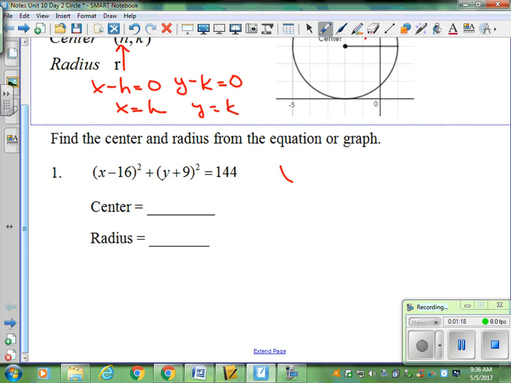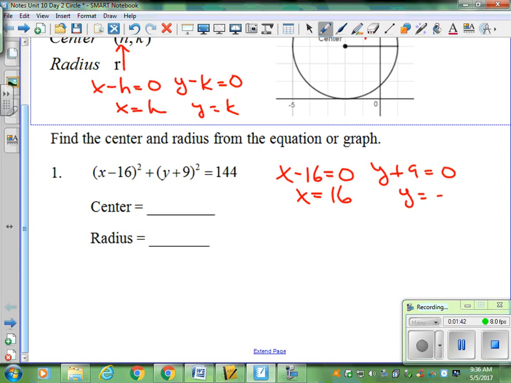So if you think in your head about setting x minus 16 equal to 0, what would you have to do to solve that? Add 16. And that makes it the opposite, right? So couldn't we just make it the opposite? If I have one that's got addition in it, what would I have to do to undo it?